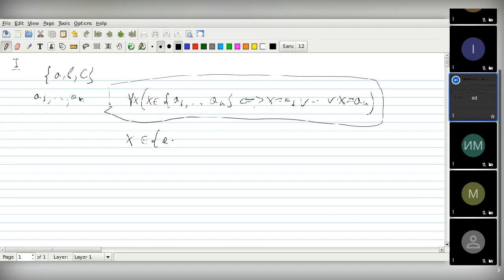You may group them together, and in particular, you may group one set with itself and construct the so-called singleton of the set A1. Is it clear?